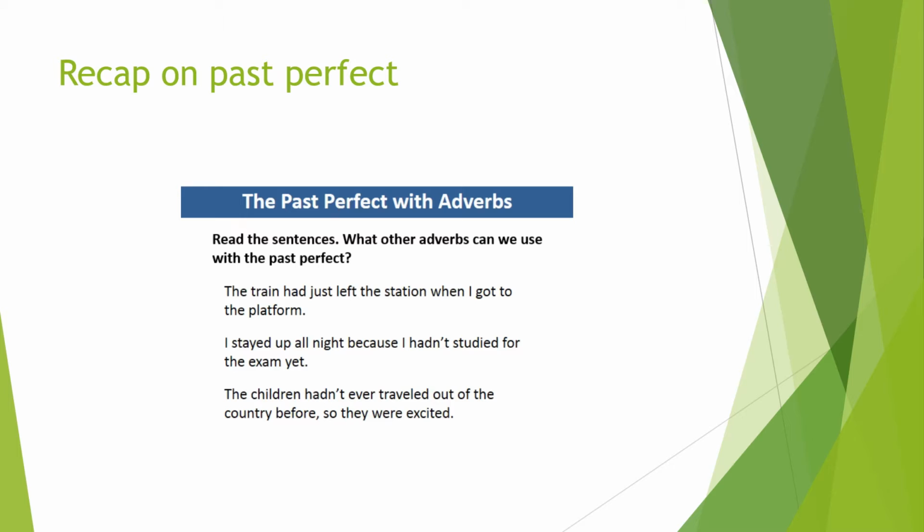What other adverbs can we use with the past perfect? If you said just, yet, and ever, you are correct. Just explains that something had happened very recently. Yet and ever are often used with the negative form of the past perfect.